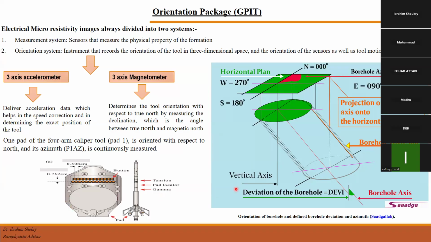This orientation system tracks the tool orientation in three-dimensional space, which is very important for image interpretation. An image without any orientation system is like the picture on your mobile that you captured, which doesn't have any orientation.